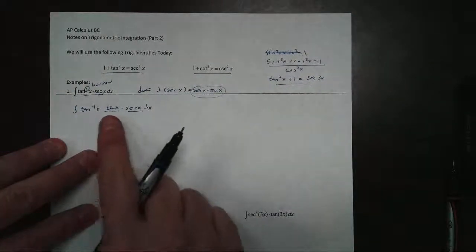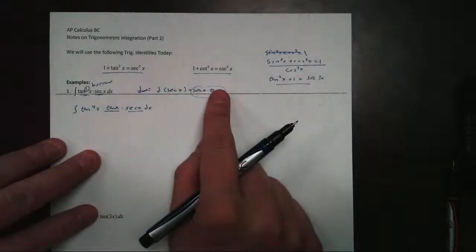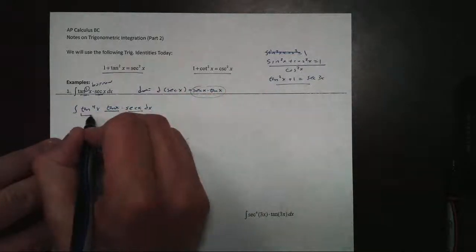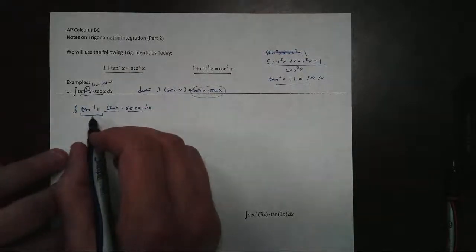So I do have my derivative. Now the only other problem is that the derivative of secant is secant tangent, so I am going to convert this one, kind of like what we did the other day with the sines and cosines. I can write tangent to the fourth of x as secant squared of x minus 1, squared.